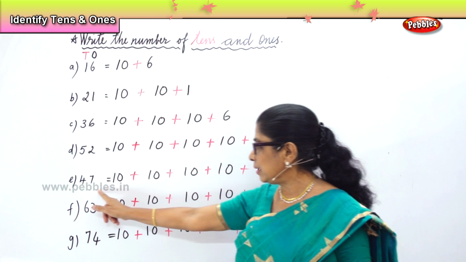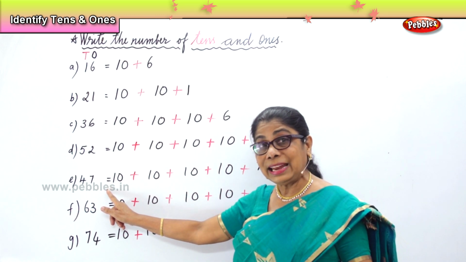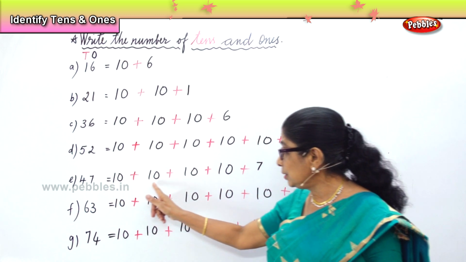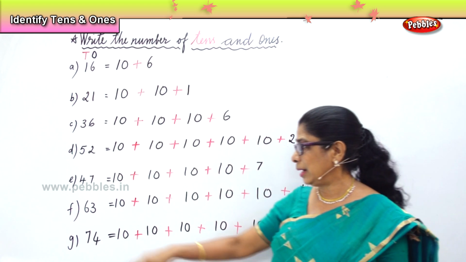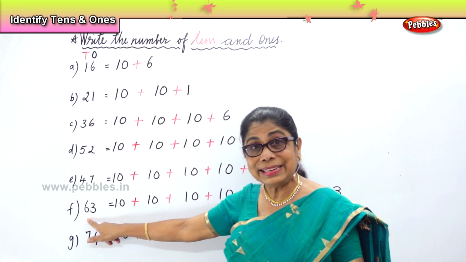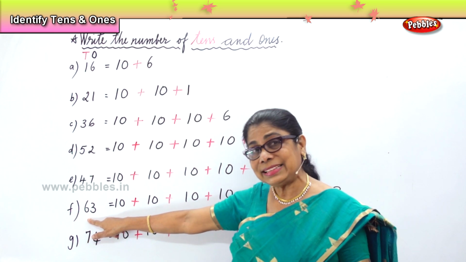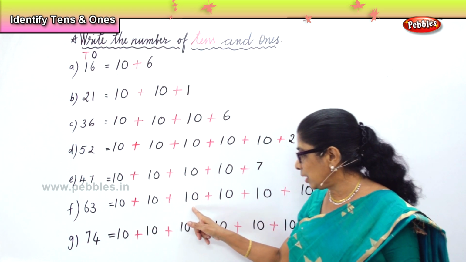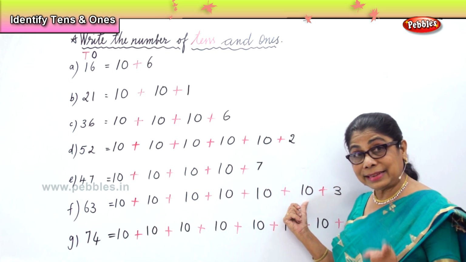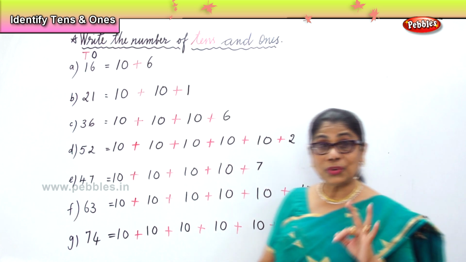In 47, how many tens are there and how many ones are there? 1, 2, 3, 4. There are 4 tens and 7 ones. Then you have another numeral here, 63. In 63, how many tens, how many ones? 1, 2, 3, 4, 5, 6 tens and 3 ones.